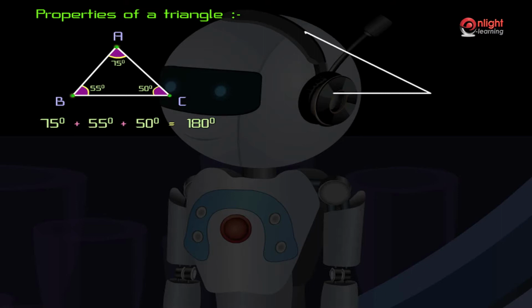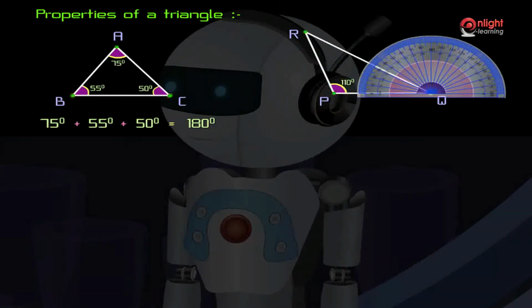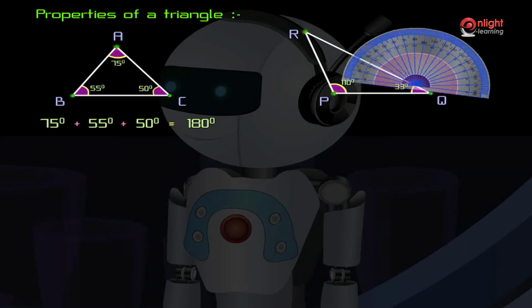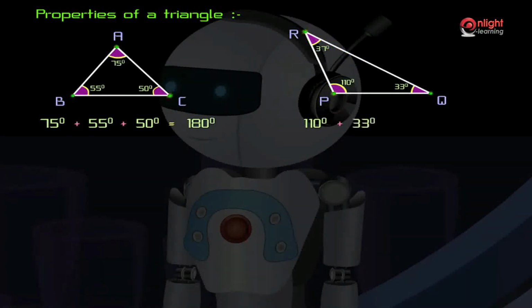Consider another triangle PQR and measure each of its angles. The angles are angle P is equal to 110 degrees, angle Q is equal to 33 degrees, and angle R is equal to 37 degrees. Addition of these 3 angles gives us a sum of 180 degrees.